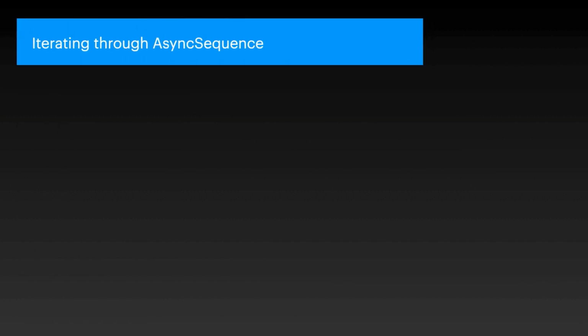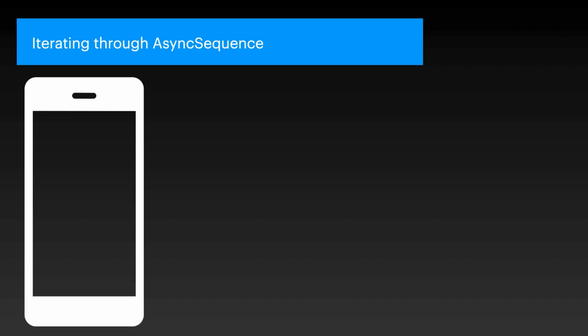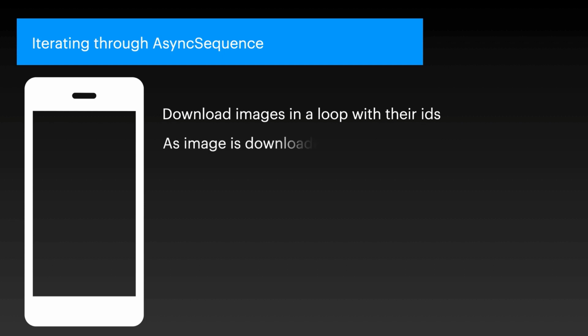The other approach is using the async sequence feature, which means that in the iPhone app, you're going to go ahead and download the images in the loop using the IDs, but you will be able to iterate through those different async return values.